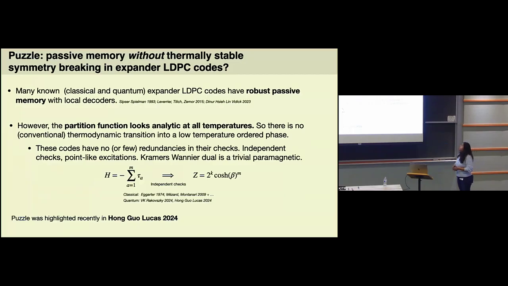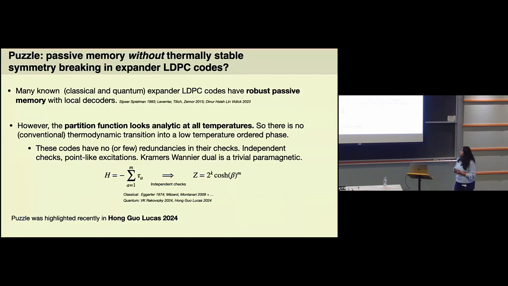However, on these expander graphs, there are many known classical and quantum expander LDPC codes that do have robust passive memory with local decoders. However, if you look at the partition function of these models when viewed as Hamiltonians, then that partition function looks analytic at all temperatures. So there isn't a conventional thermodynamic phase transition into some kind of low temperature ordered phase.